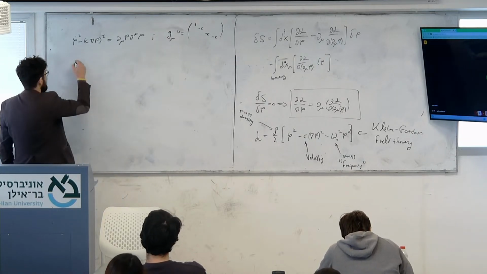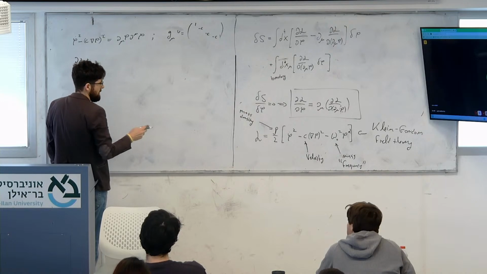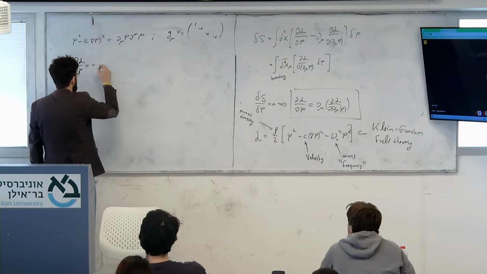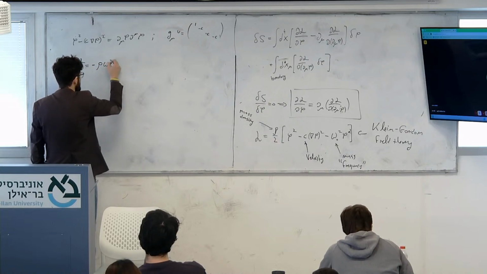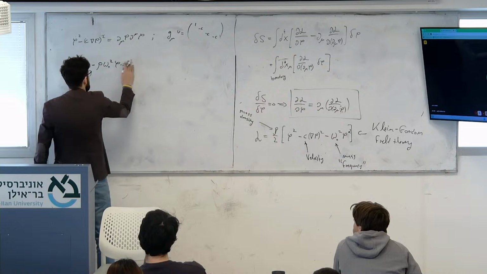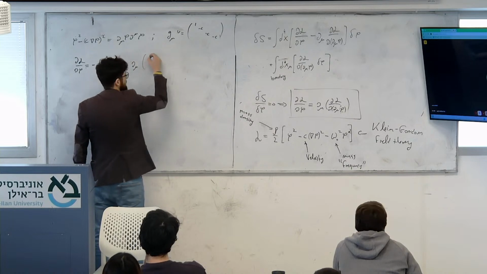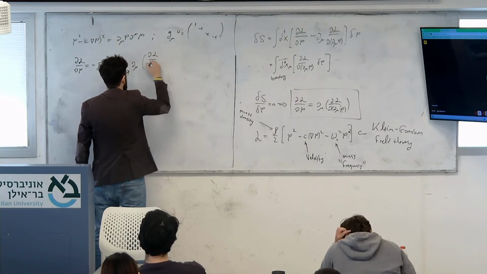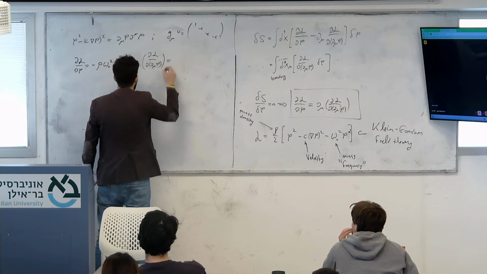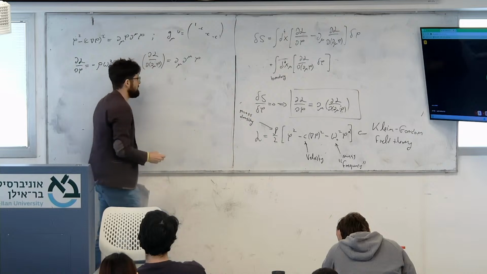And then dL d phi is just minus rho omega naught squared phi. But this thing should be equal to d mu dL to d mu phi, which in our case is just d mu phi.